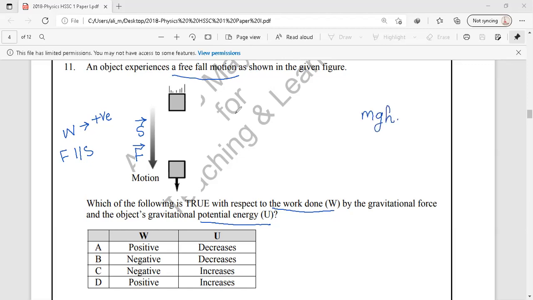As this body falls downward, its height decreases. If the height decreases, that decreases the potential energy of the body. So as the body falls, its potential energy decreases while work done remains positive. So the correct answer for question number 11 would be option A, in which work done is positive while potential energy decreases.